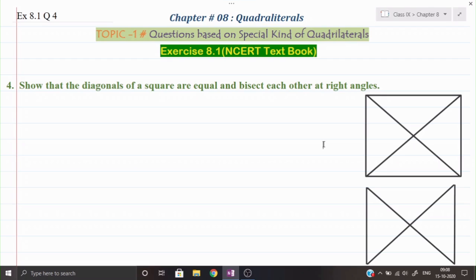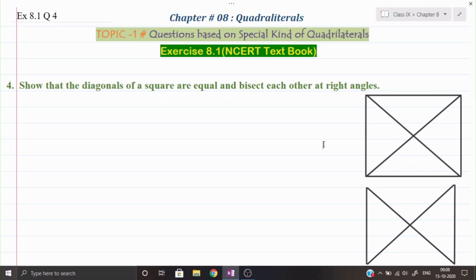And the third property is about the diagonals. We can say that the diagonals are equal and they bisect each other at right angle. It means the diagonals will be equal, they will divide each other into two equal parts, and they will be perpendicular as well. So they are asking us to prove the property of the diagonals, while the first two properties are given to us as true.